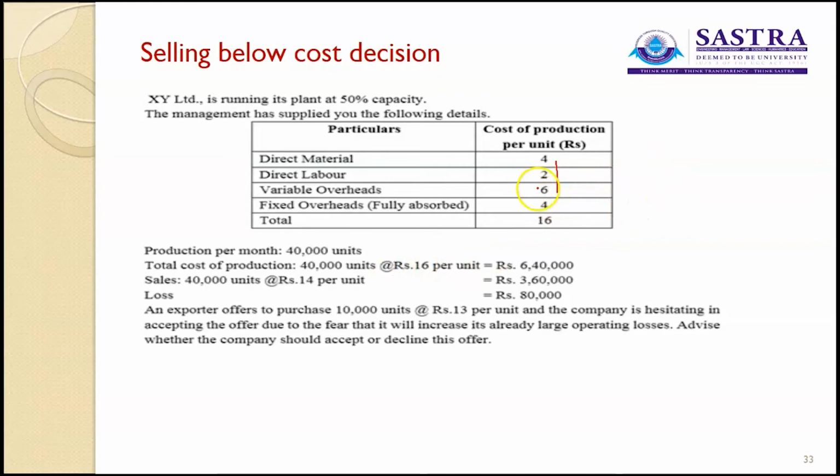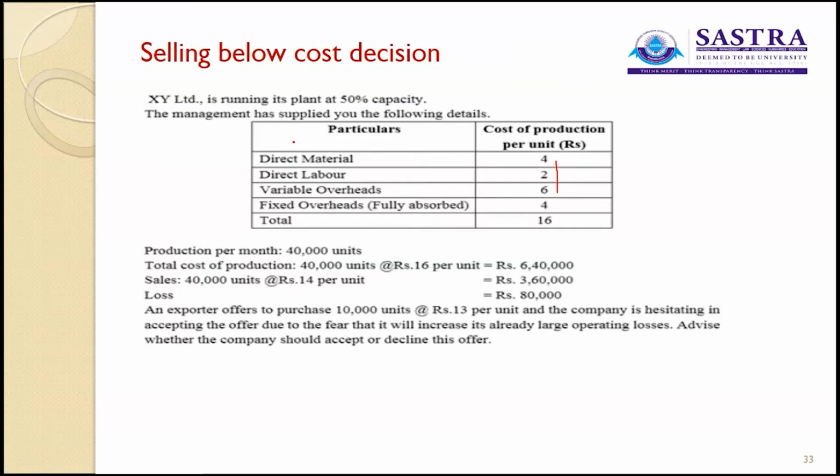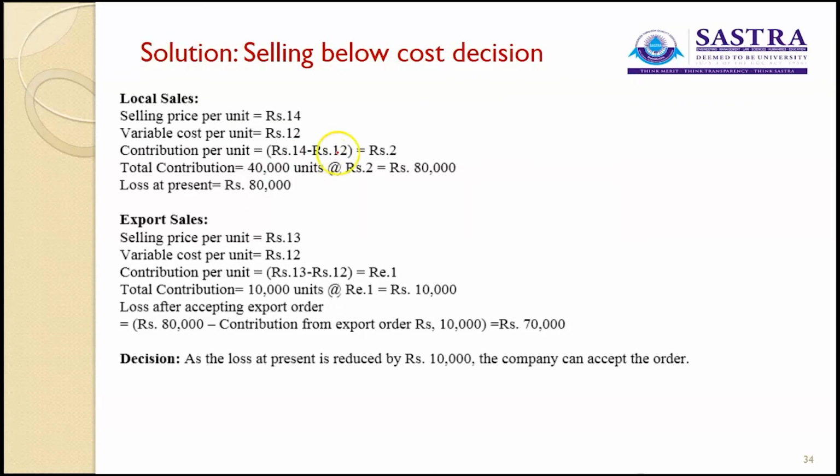The selling price is 14 rupees, the variable cost is 12 rupees. Then contribution per unit is 2 rupees. Total contribution is 40,000 units into 2 rupees, we have 80,000 rupees. So loss at present is 80,000. So this is your local sales.